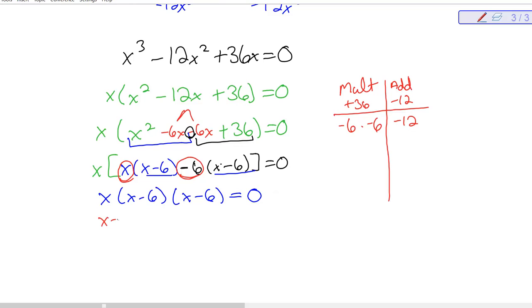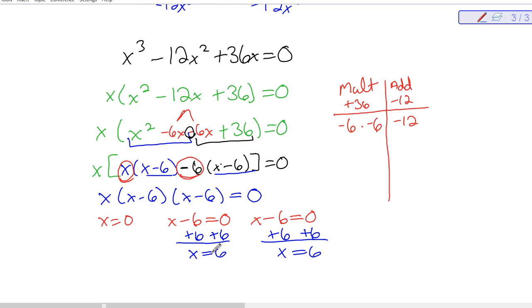So I'm going to set x equal to 0, x minus 6 equal to 0, and x minus 6 equal to 0. Well, x equal to 0, that's just 0. On both of these are going to be the same because if you notice, x minus 6 and x minus 6. So I will add 6 to both sides and get x is equal to 6. Do the exact same thing to this one.